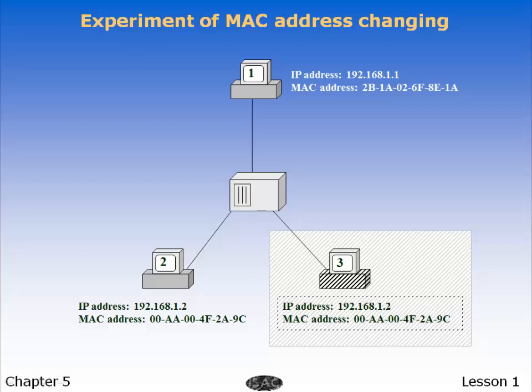And when I set the IP address of computer 3 to 192.168.1.2, the IP conflict window was raised on the third and on the second computers, and the network became unavailable.